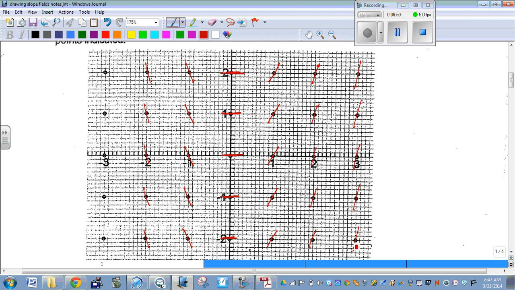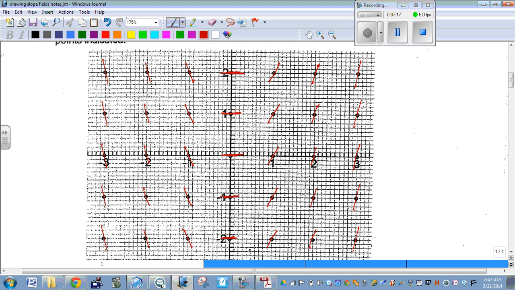And then just negative on the other side, so we're going the other direction. It's like going back to kindergarten and connecting the dots. Alright, so we should get a slope field that looks kind of like this.